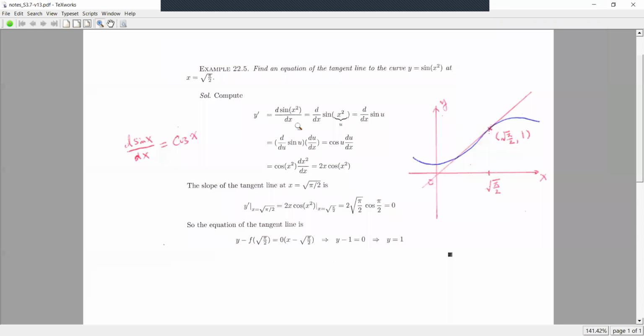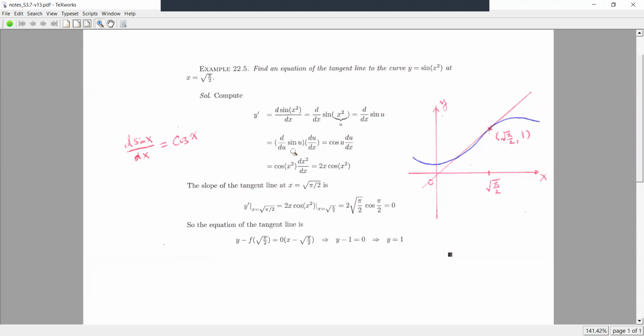Now, compute the derivative by the chain rule. Set u to be x squared, then the function becomes sine of u. Because in this derivative, x and u are different, we cannot compute the derivative directly. Before we can compute it, we need to write it as a product of these two derivatives.